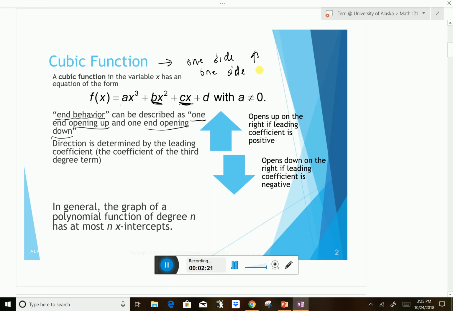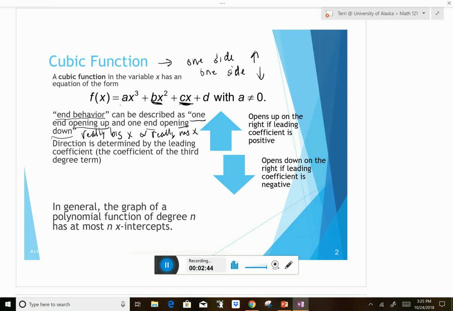So when I'm talking about end behavior, I mean really big x or really negative x. So what are these things doing when we go to infinity or negative infinity?